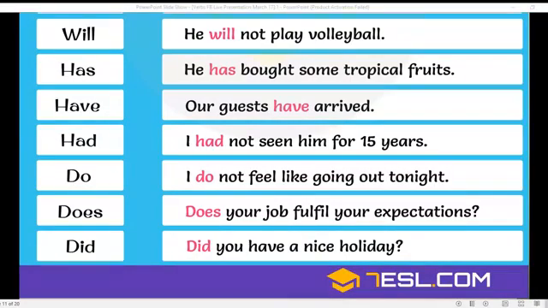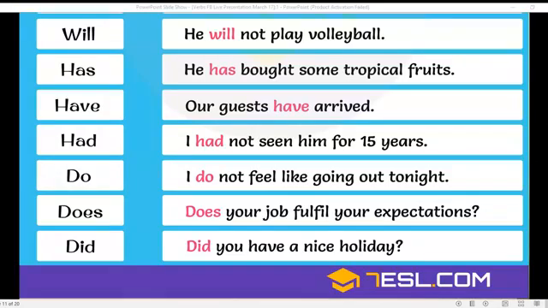Next, we have has. He has bought some tropical fruits. Yan. So, we need to buy some bunches of fruits since we are in a quarantine situation. Yes, thank you, ma'am. And he has bought, it is also already done, with the past form.